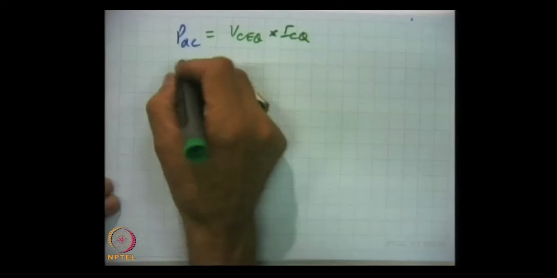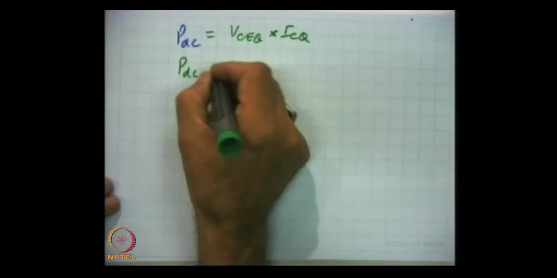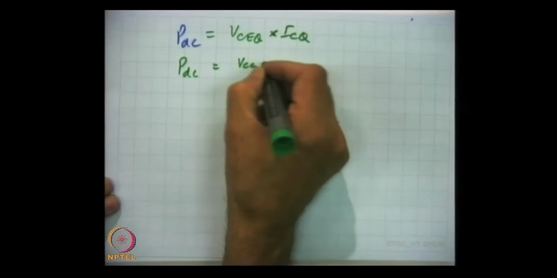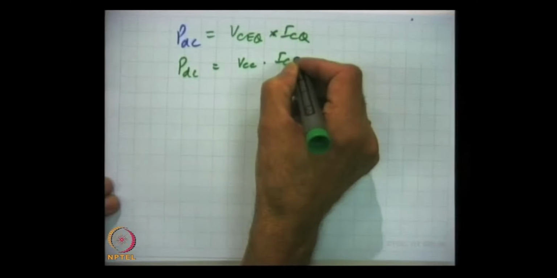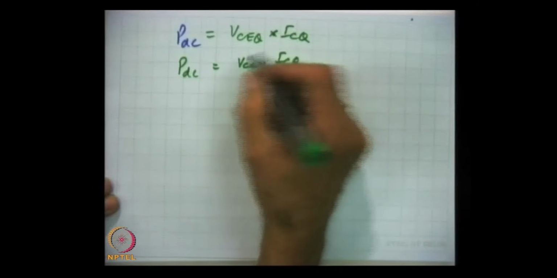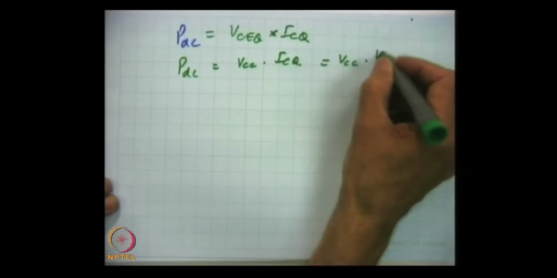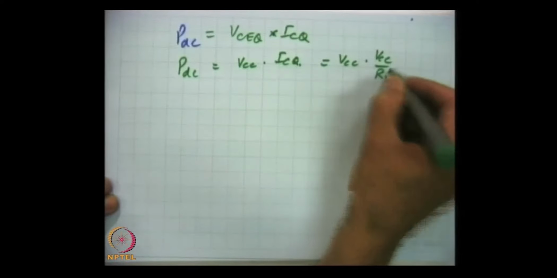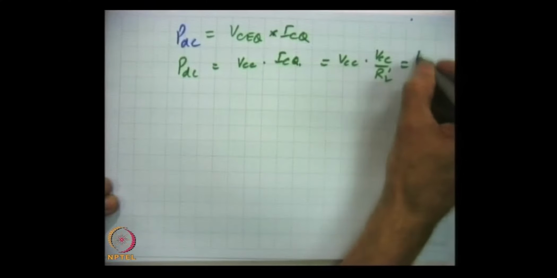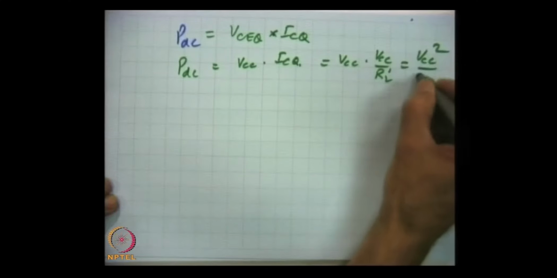So PDC is VCC into ICQ, and ICQ we replace by the expression VCC by RL prime. So this is equal to VCC square by RL prime.